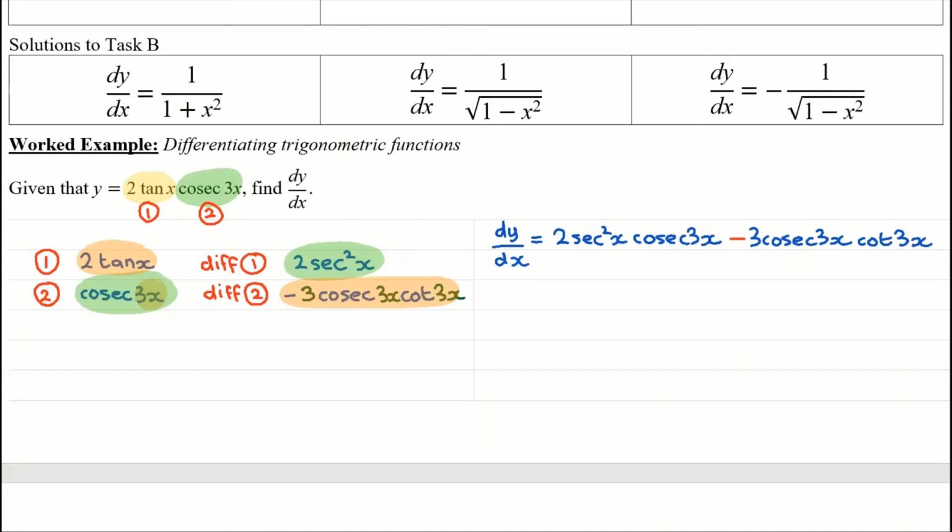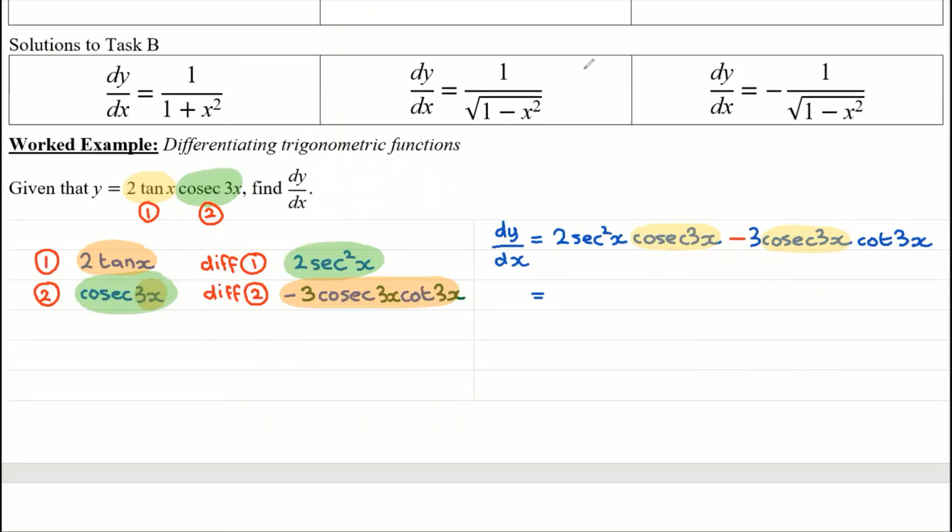That's it, essentially. We can also factorize out if there's common factors. Let's see what the common factors might be. Well, 2 and 3 are co-prime. They don't share any common factors. Cosec 3x, though, appears in both terms. So let's factor it out.